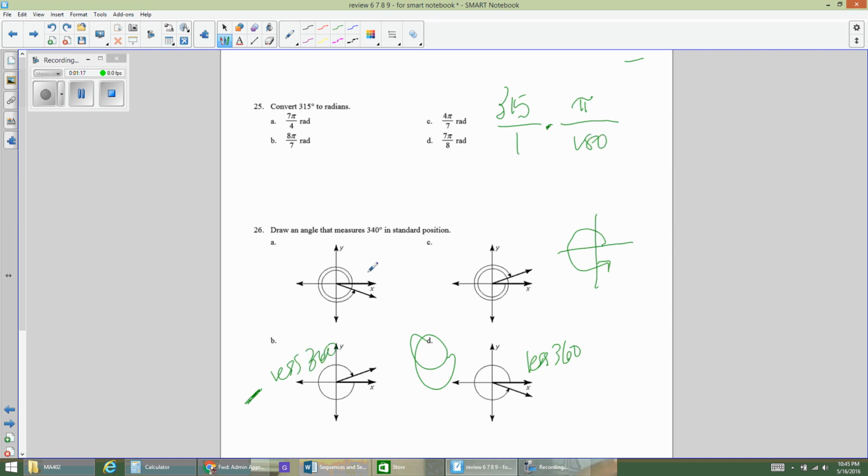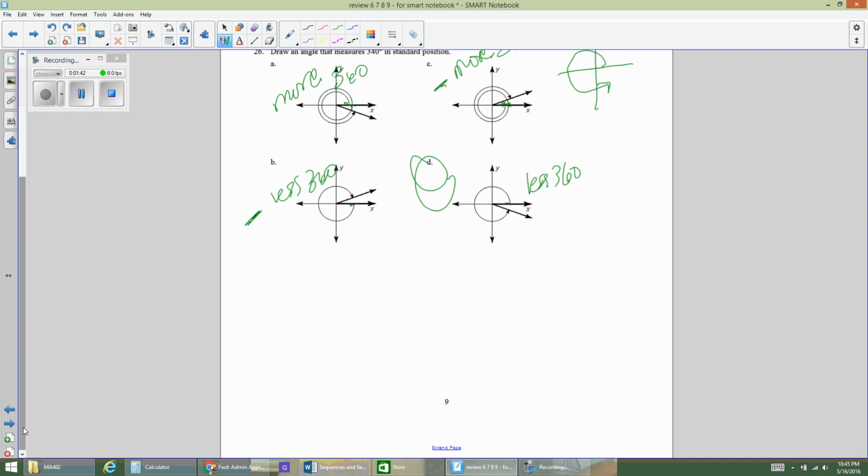This answer is more than 360, and this answer is negative, and it's more than 360. How do I know that? By looking. Well, because it comes out here twice. See how it crosses twice? This only crosses once. That's where it starts. Okay, moving on.